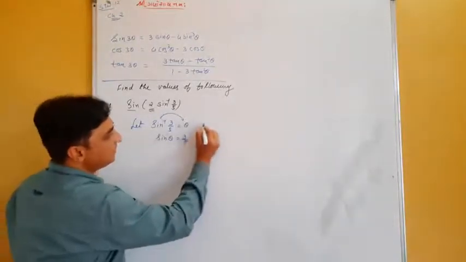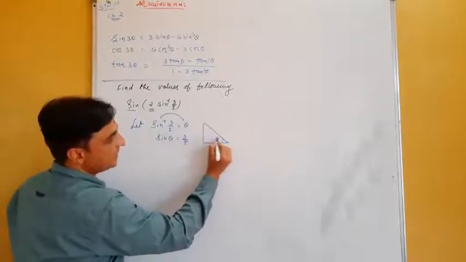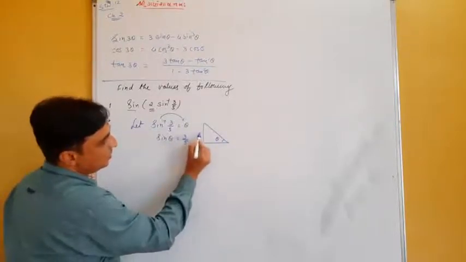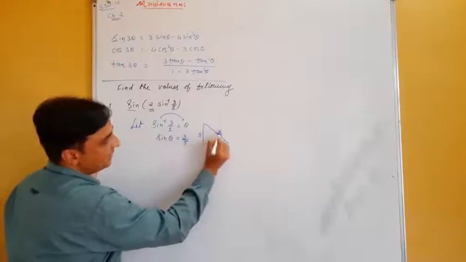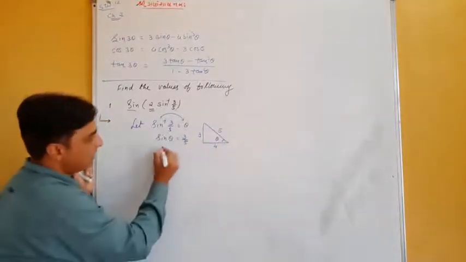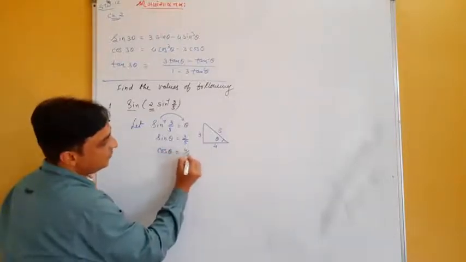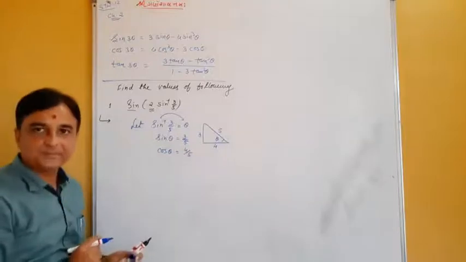Now using Pythagoras theorem, if this is theta, then sin is opposite side upon hypotenuse, so the adjacent side will be 4. So because of that, cos theta will be 4 by 5.